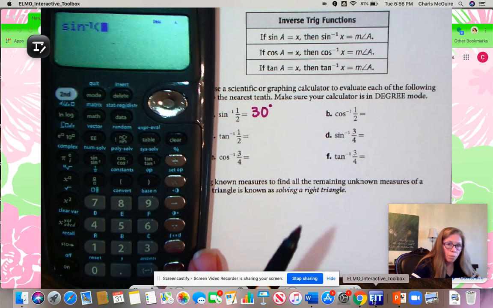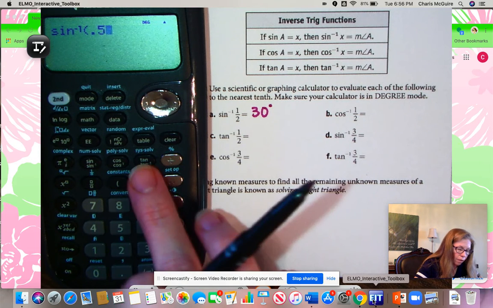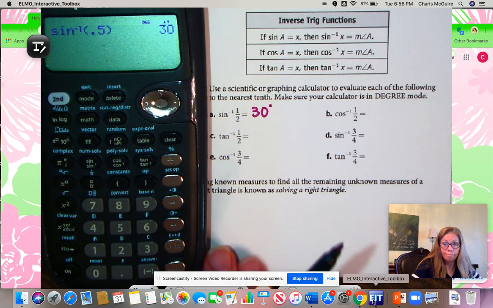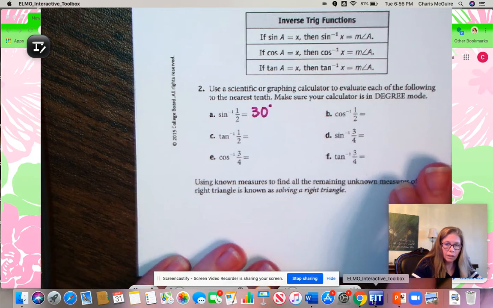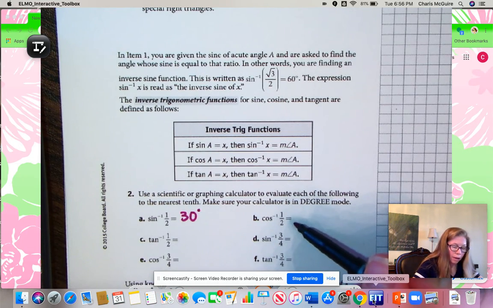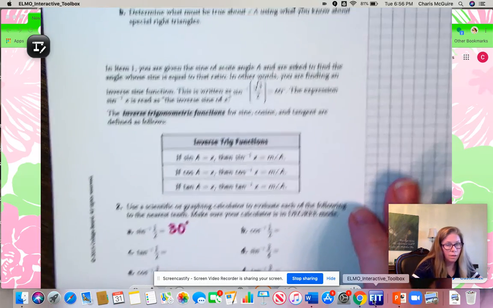All right, so I'm just going to put in here the 1/2, and you could put it in as 0.5, or you could do 1 divided by 2. And you see it gives me the 30 degrees. So pretty nifty. Now we know that the cosine of 1/2 is looking at the adjacent side over the hypotenuse.